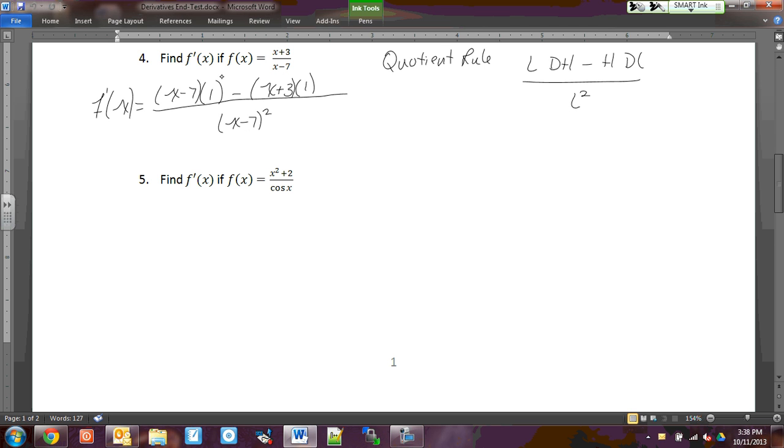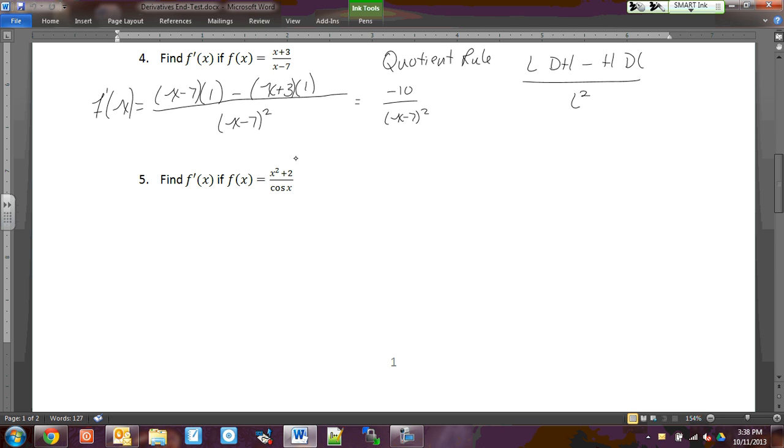You can leave it like that because, again, this isn't a test in simplification, but you could also simplify this down. This would just be x minus 7. This would be negative x minus 3. So the x's would cancel out, and then you'd have negative 7 minus 3, which is negative 10 over x minus 7 squared. All right, I'd take either answer, but don't feel that you have to simplify this because, again, this is not a test in simplification.